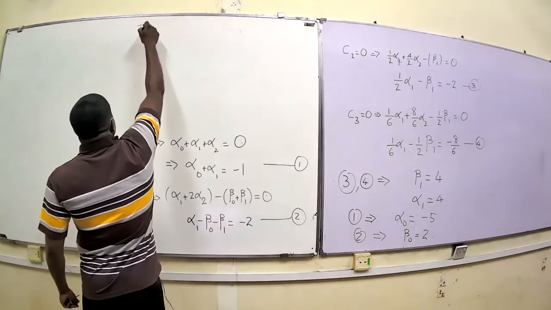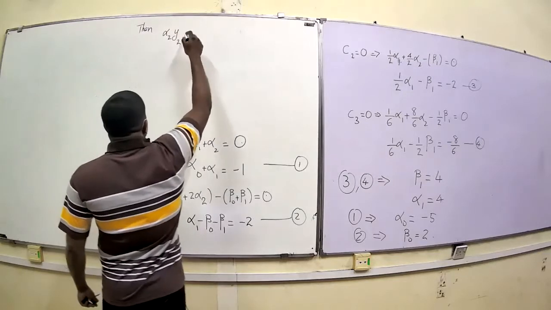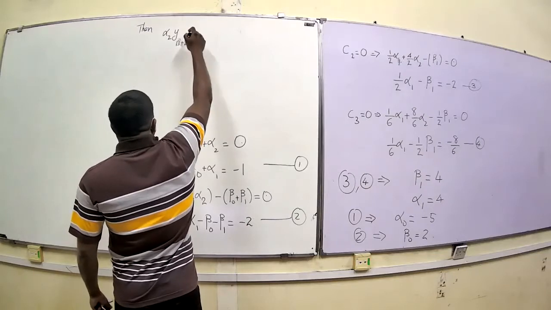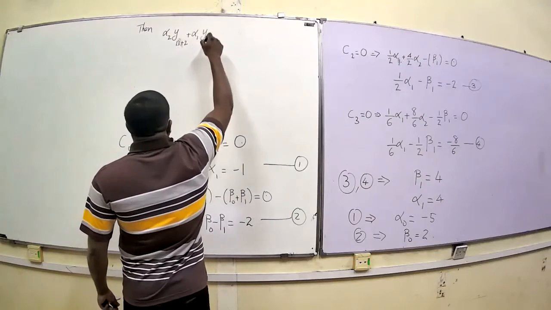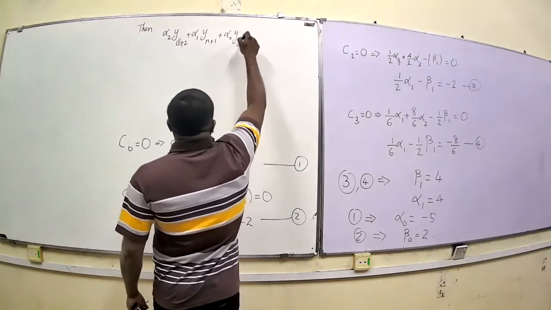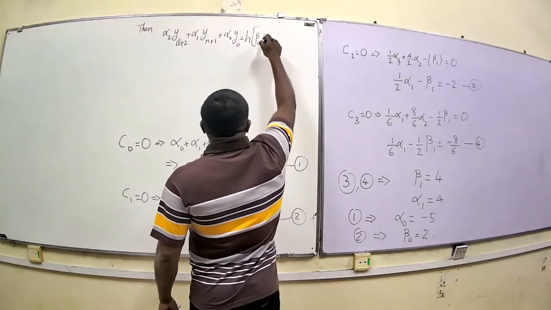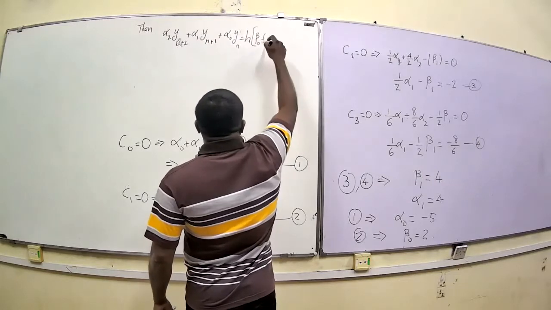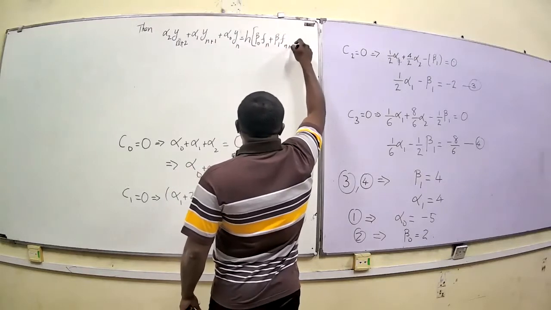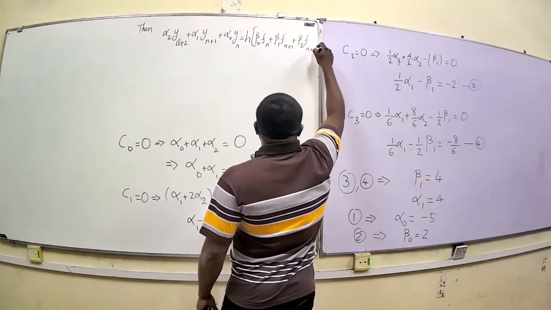Then this is what we have, right? Alpha 2 y n plus 2 plus alpha 1 y n plus 1 plus alpha naught y n is equal to h times beta naught f n plus beta 1 f n plus 1 plus beta 2 f n plus 2.